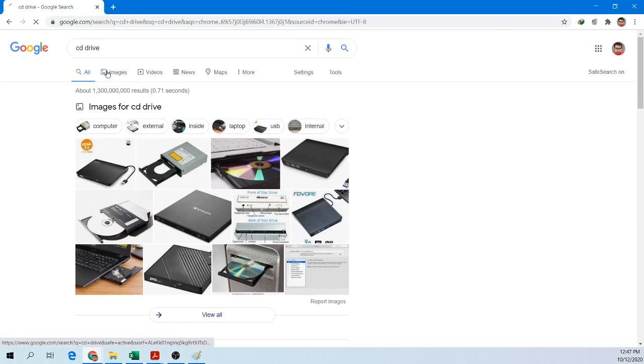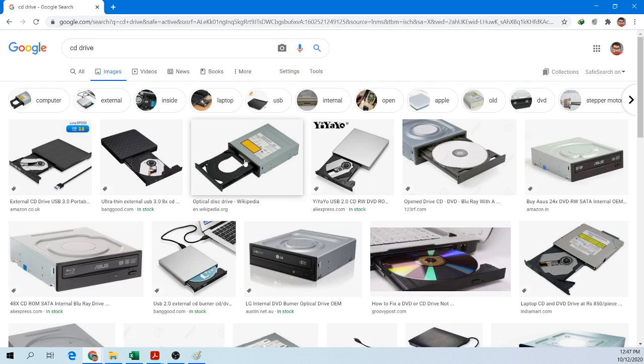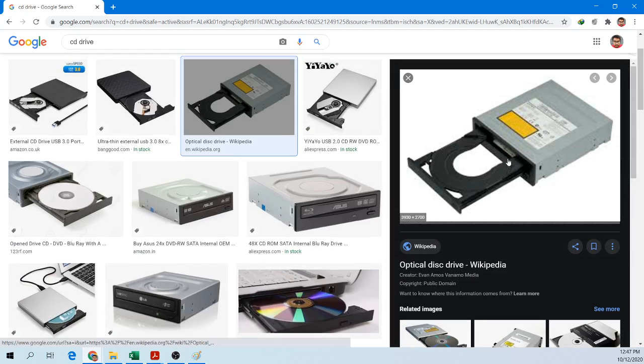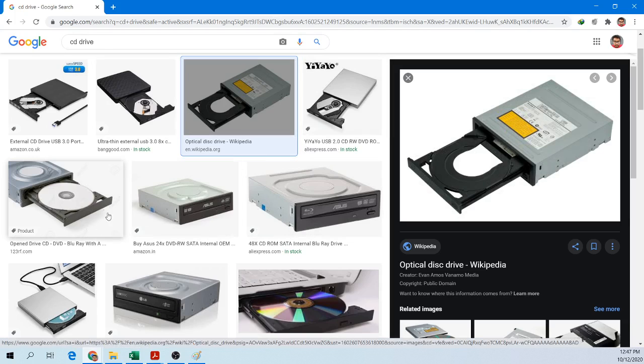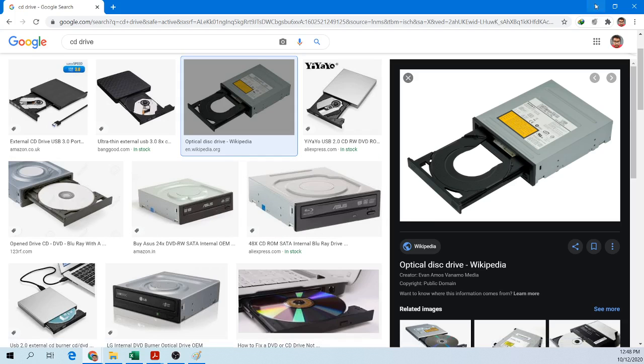Just in case some of you may not know, this is an example of a CD drive. The storage devices are basically any device that would accept the storage media. So this device here is accepting the CD so as to read and write that data onto that CD or DVD.